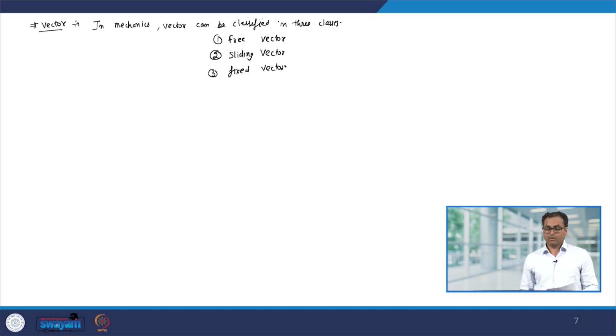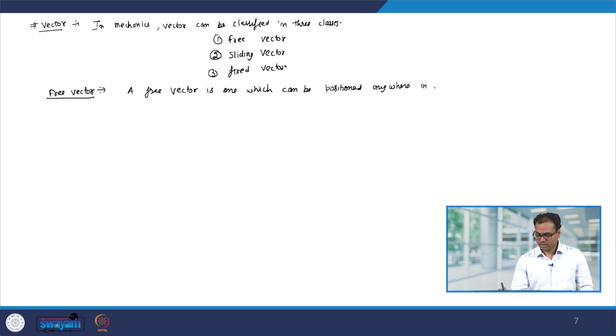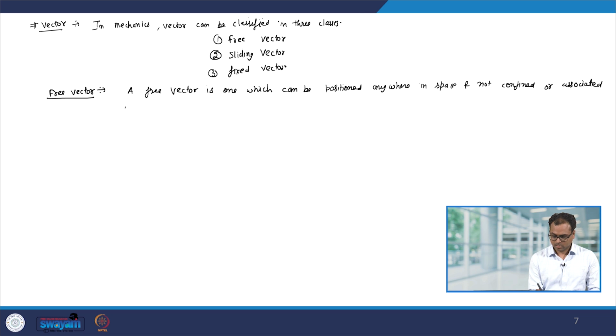So, now let us look at the free vector. A free vector is one which can be positioned anywhere in the space, and it is not confined or associated with a unique line.